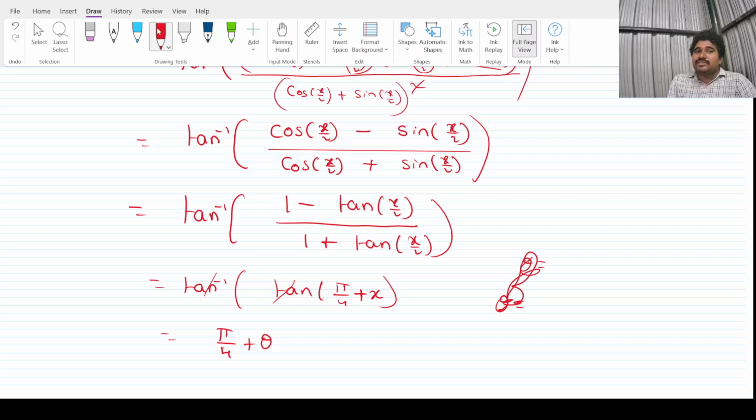Okay. See here, the formula is pi by 4 plus theta by 2. Yes or no? Check. Tan pi by 4 plus theta by 2. Tan a plus b, what is the formula? Okay, numerator minus.